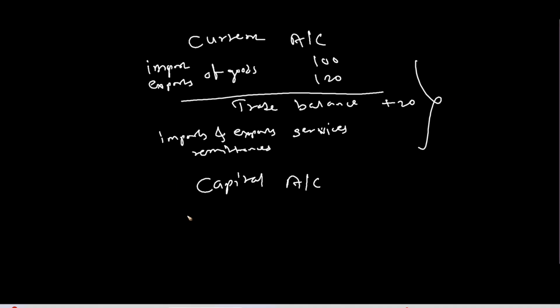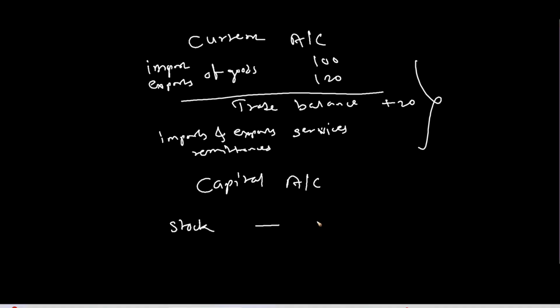On the other hand, there are certain transactions, say foreigners buying stock in the domestic economy, like US citizens buying Indian stock, then that amount of transaction enters in capital account.